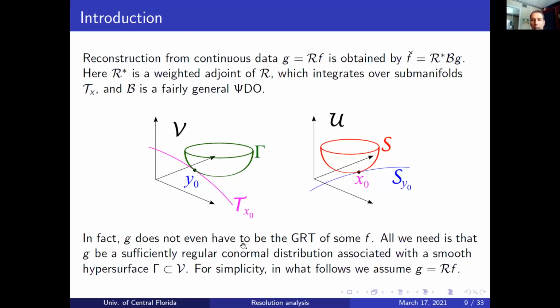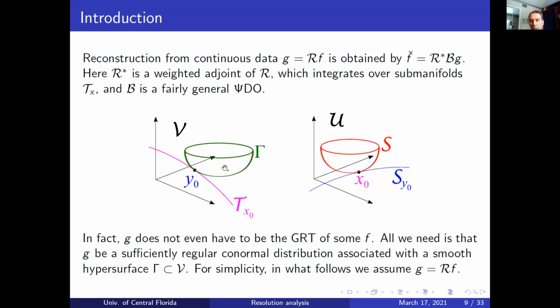Associated with S is a smooth surface gamma in the data domain. The surface gamma has the property that for any y on gamma, the corresponding S_y is tangent to S somewhere.